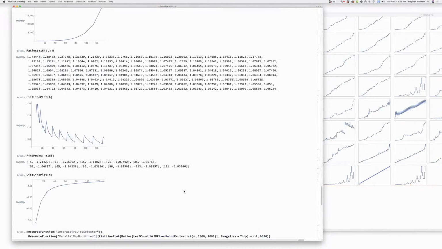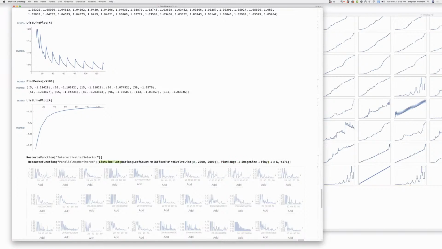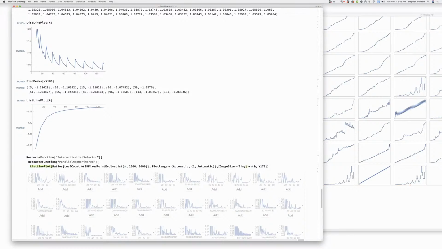You know what I want to do? I want to say here in this list line plot, I want to say plot range arrow automatic for the x-axis, and I want to go 1.0 to automatic to up there, so that I make sure that I'm plotting down to 1 for all of them.